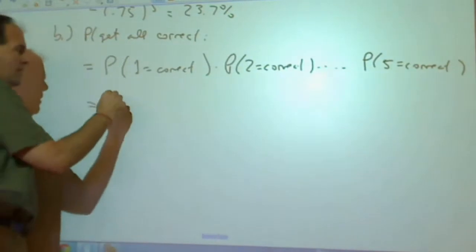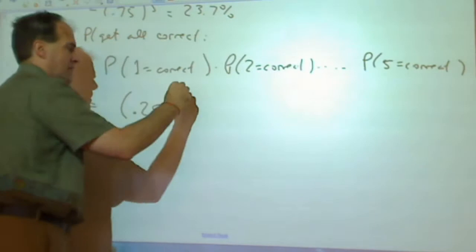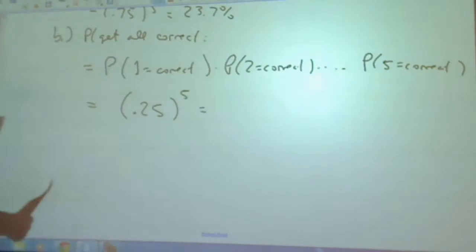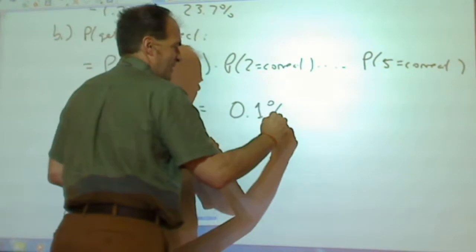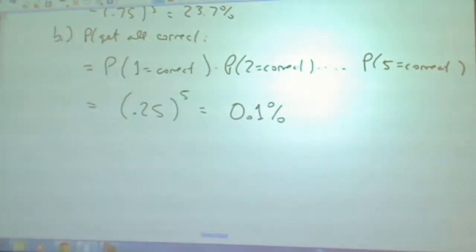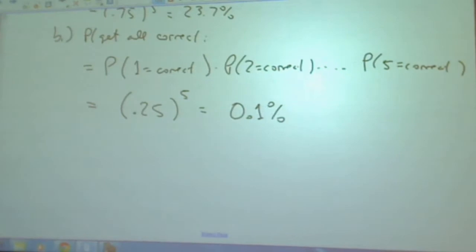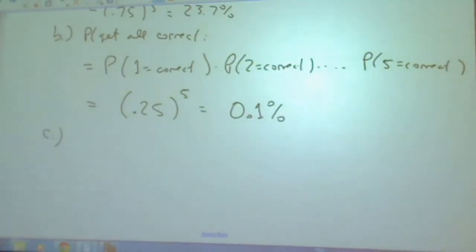Okay, so the probability of getting something correct is 0.25. 0.25 to the 5th is 0.0009, almost nothing. I got 0.1% with rounding. So it's almost not gonna happen, pretty much, with guessing. Possibility and probability, yeah.